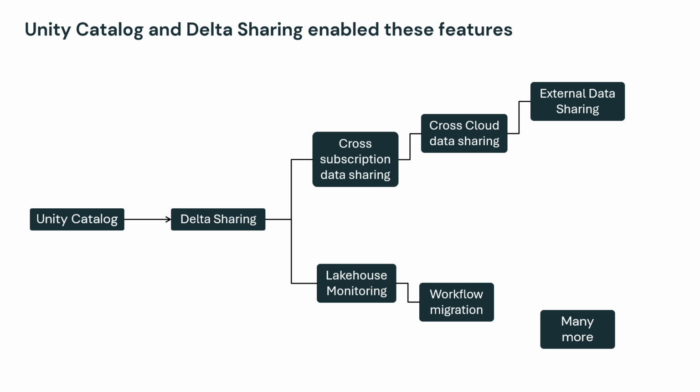The down branch is actually a lot more interesting. Lakehouse Monitoring only works with Unity Catalog. Workflow migration. I'm not sure about others, but we do have other workflow tools that cost us quite a bit. And Databricks Workflows offer a very attractive option if you are in Unity Catalog, because all the features you need are there, but only in Unity Catalog. Genie is many more, includes Genie and other AI tools.